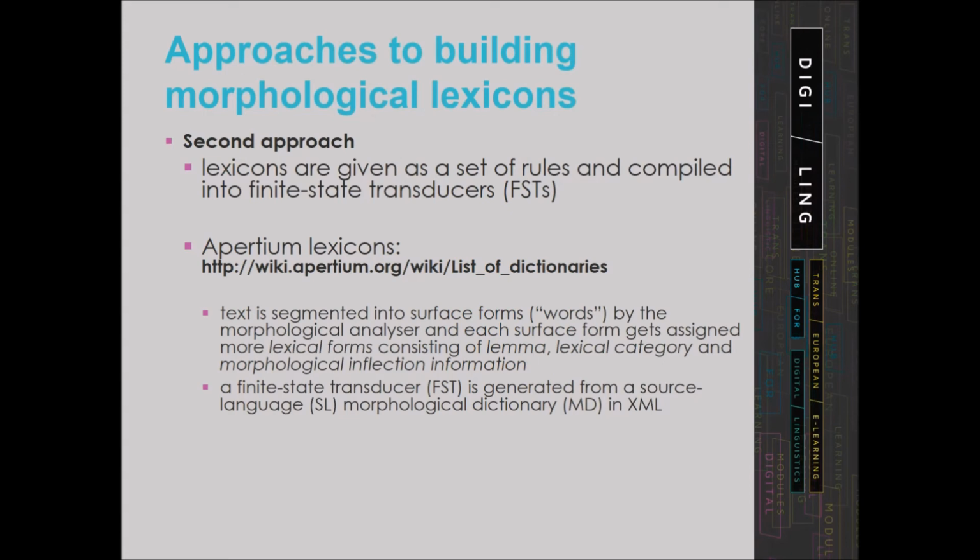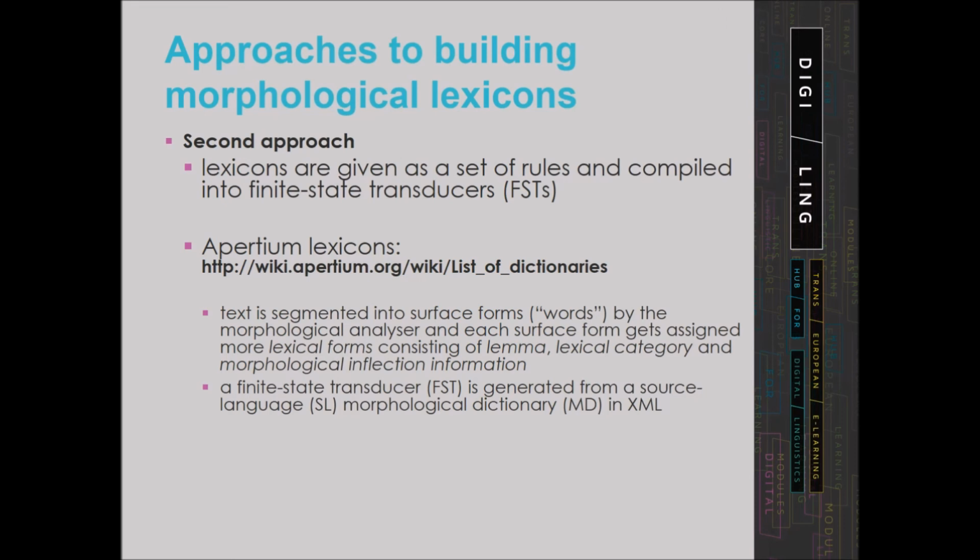Apertium lexicon is the only freely available morphological lexicon for some of the Slavic languages such as Bosnian, Croatian or Serbian that contains both definitions of paradigms as well as lexemes attached to these paradigms. Apertium contains a morphological analyzer which segments the text in surface forms, words, and delivers for each surface form one or more lexical forms consisting of lemma, lexical category, and morphological inflection information.